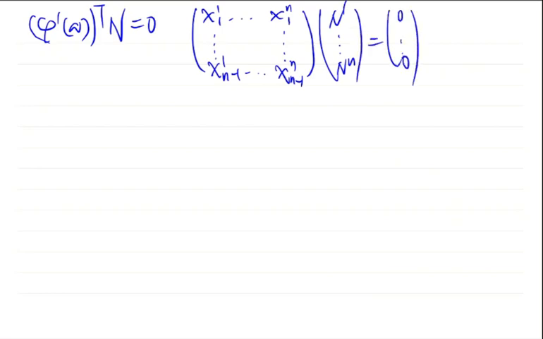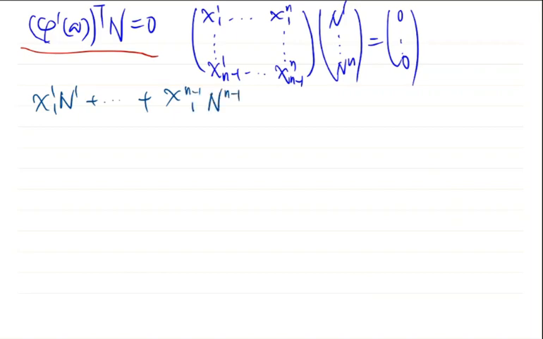Okay, in coordinates, this matrix equation becomes a system of linear equations, and you can write this equation in a more useful form. That is x_{11} N_1 plus ... plus x_{n-1,n-1} N_{n-1}.